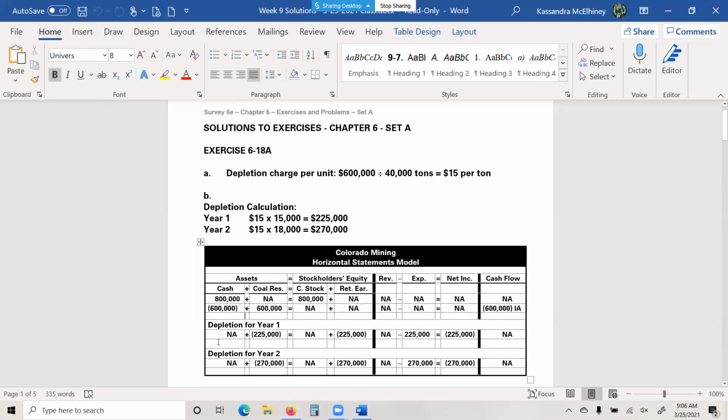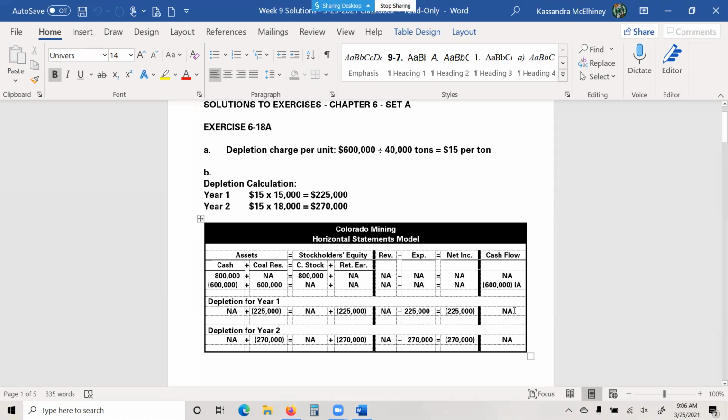The cost of that coal mine would also be in the statement of cash flows, a $600,000 cash outflow for investing activities.